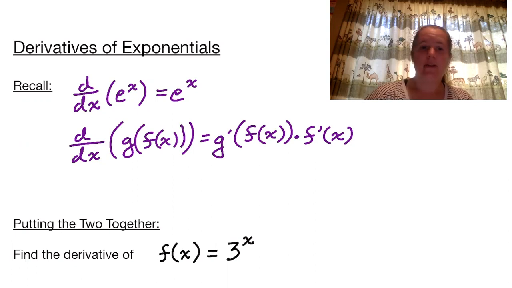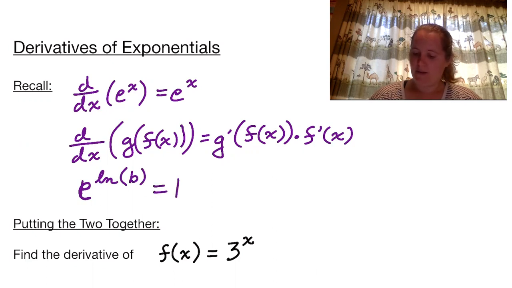And then the other thing that's going to be of use to us in just a moment is if we raise e to the natural log of b, this is simply b by definition of the natural log.